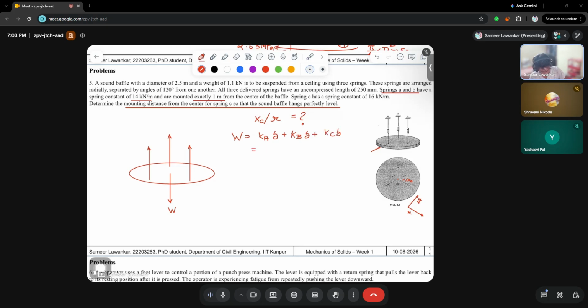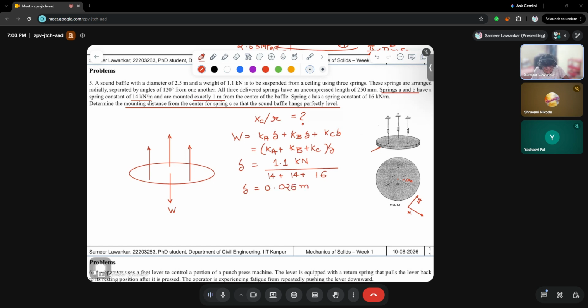If we just calculate it like this, we can get the value of delta, which is nothing but W, that is 1.1 kilonewton, divided by 14 plus 14 plus 16. Therefore the value of delta is equal to 0.025 meters.